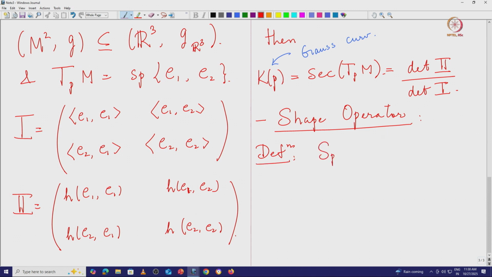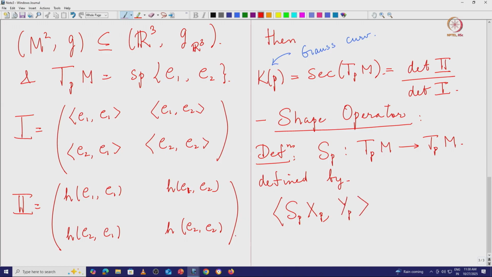So we define, for every point P, the shape operator as an endomorphism or a linear transformation of TPM to itself. And this is defined by the following relation, that if you apply it to any vector xp, the inner product with yp is precisely given by the second fundamental form. Okay, this is well defined because the inner product is non-degenerate.